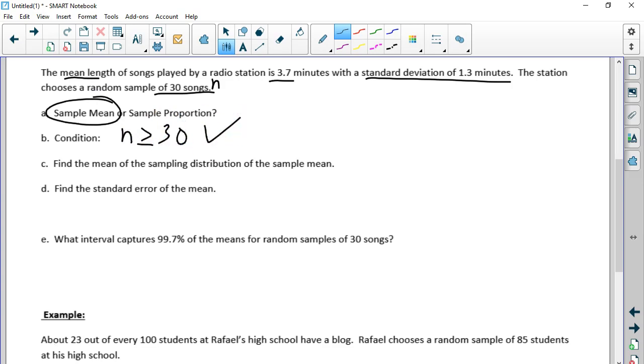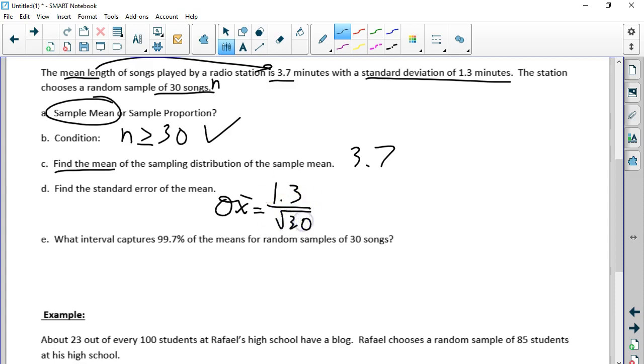It's exactly 30. Find the mean of the sampling distribution of the sample mean. So that's 3.7. It tells you that right here. Find the standard error of the mean. Well, that's again equal to our standard deviation divided by the square root of n. And that works out to be about 0.24.